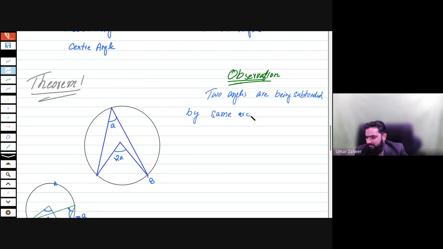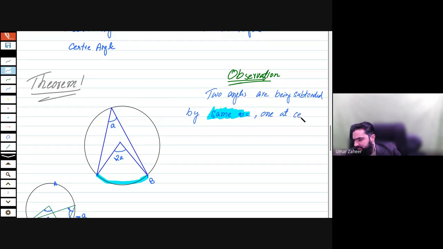Okay, not different arcs. This is the important thing. They are subtended by the same arc, one at the center and one on the circumference.